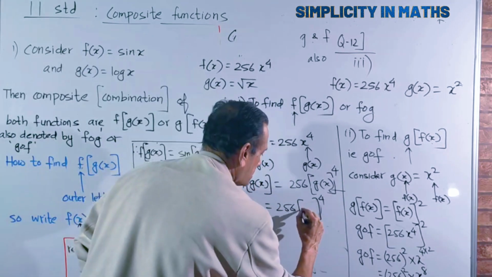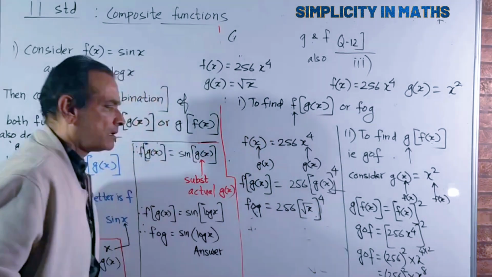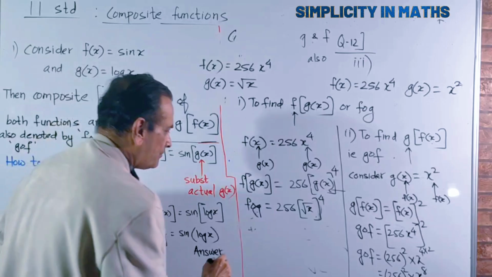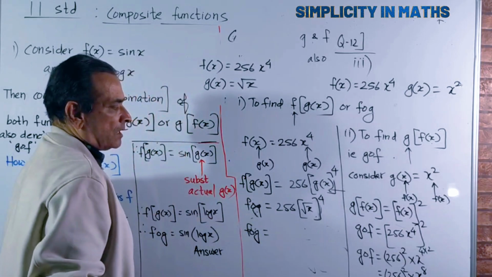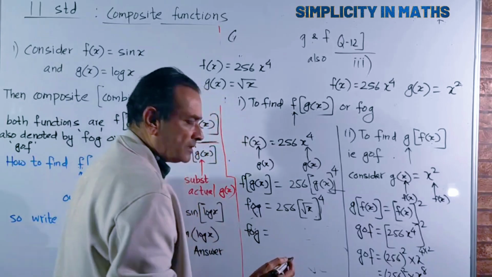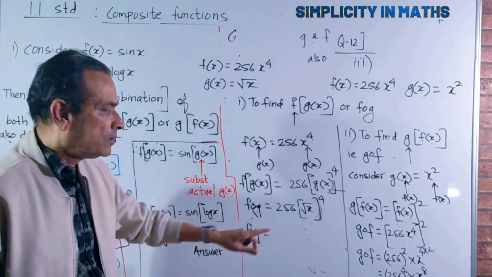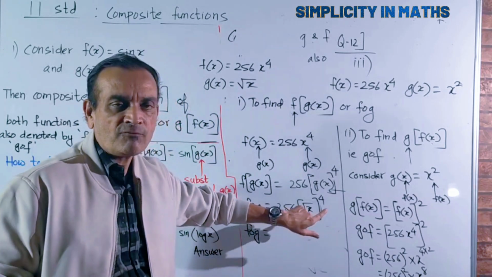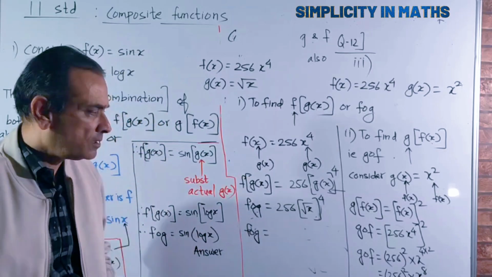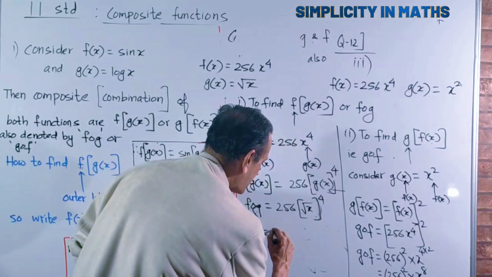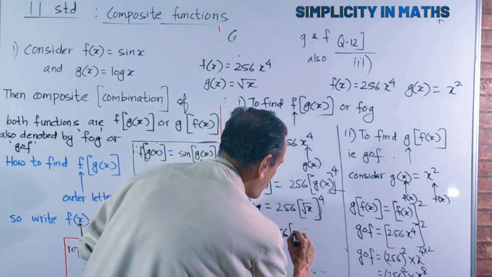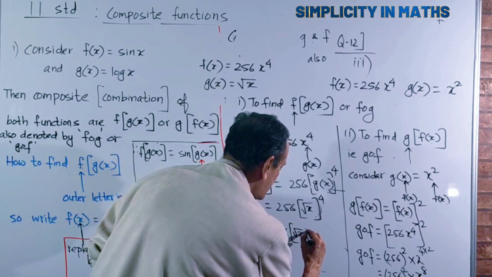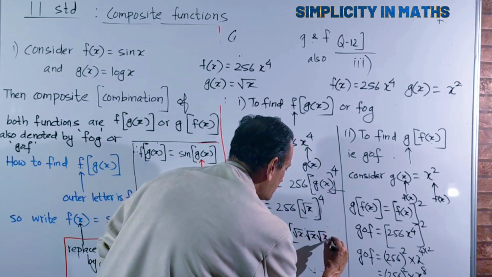Root x. Just simplify. There are two ways of simplification. Root x you can write x raised to half raised to 4, or basic algebra अगर use किया, root x raised to 4 is root x into root x into root x into root x.